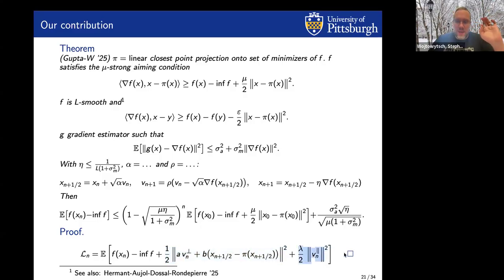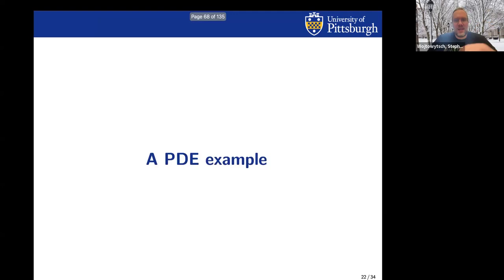And with this decoupling and figuring out what the correct constants are, everything goes through as previously. So this is our at least first step towards a more realistic setting for more realistic objective functions.